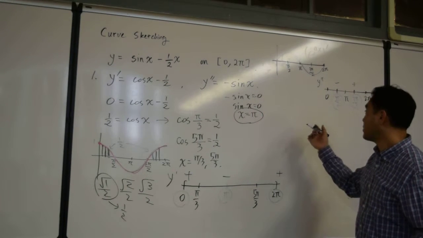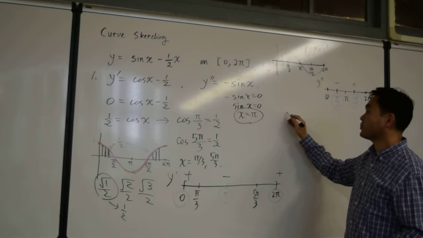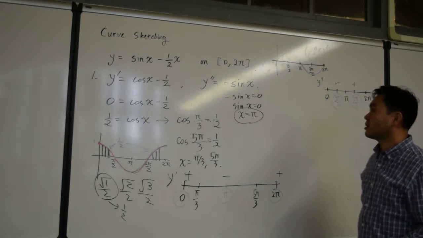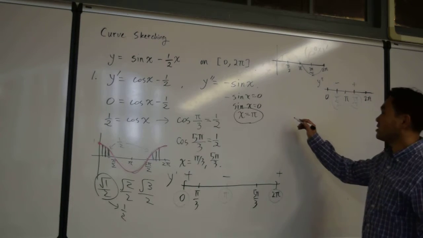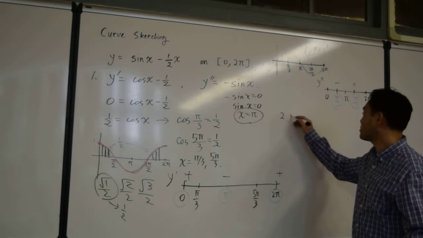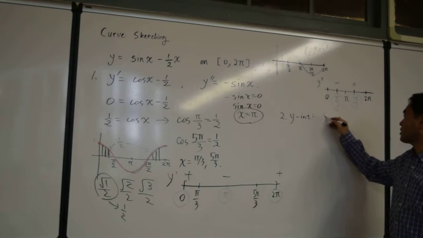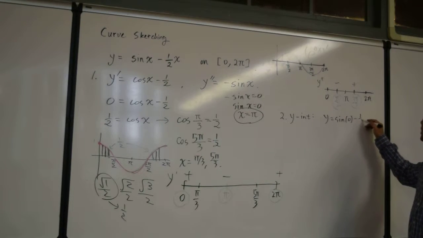Finally, let's try to figure out the x and y intercepts. Okay, first of all, y-intercept. That means I have to plug in 0: sine of 0 minus 1/2 times 0.